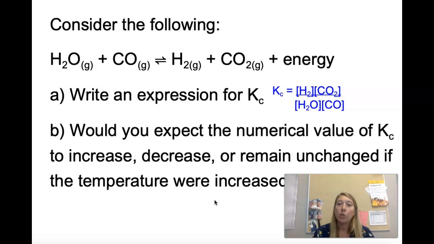Okay, so B: would you expect the numerical value of Kc to increase, decrease, or remain unchanged if the temperature were increased? Explain. It's a temperature change, so we know Kc is going to change. If it wasn't a temperature change, I would be choosing remain unchanged.